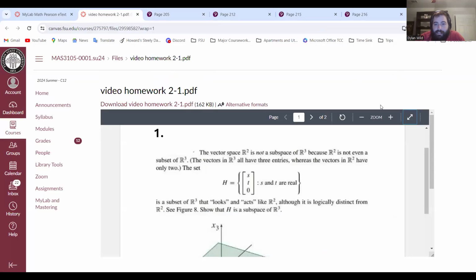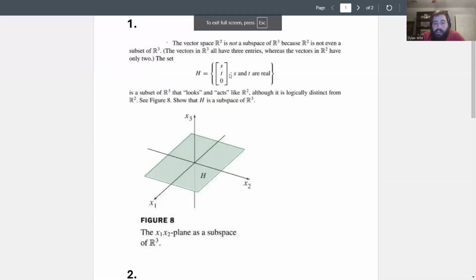So if we pop back to this example here, I can see that at some point, S and T being real, there's going to be a point where it's all 0. It's going to hit right here at the origin. The trippy bit with the 2D is that there's not a good way to map it into 3D, because when we say that S, T, 0 looks and acts like R2, this forms a 2-dimensional plane.